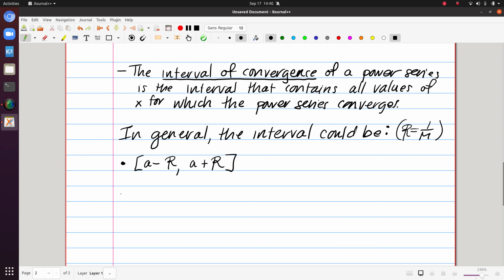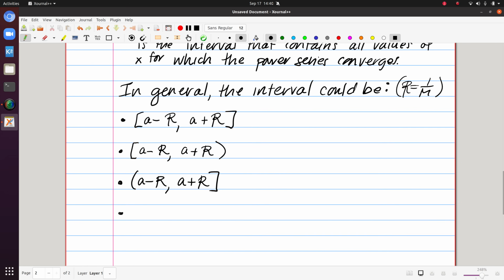So that would include this closed interval here. It could be the case that we have convergence at the left point and divergence at the right point, so we'd have it open over there. We could have divergence at the left point and convergence at the right point. And finally, we could have that both points lead to divergence.